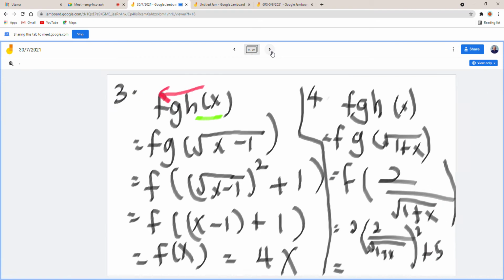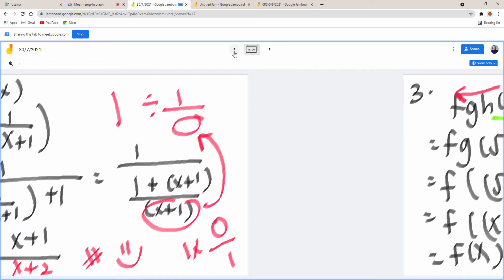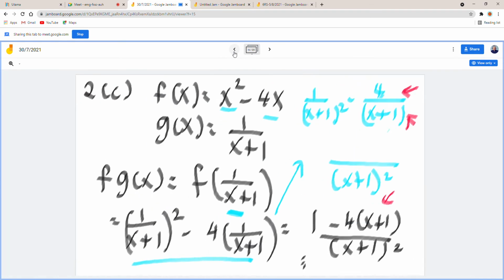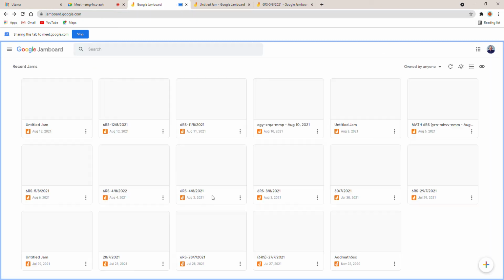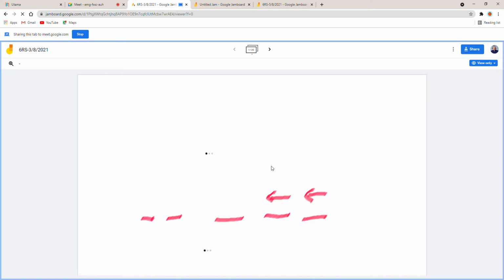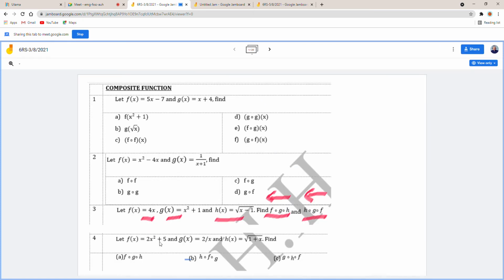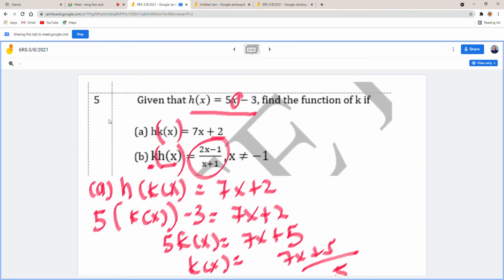Later I think you have to refer to the handout she gave, because here she only gave the answers. Here only has half the answers, she only gave answers until 4. Until 4 she gave the answers from the previous one. 5, this one.